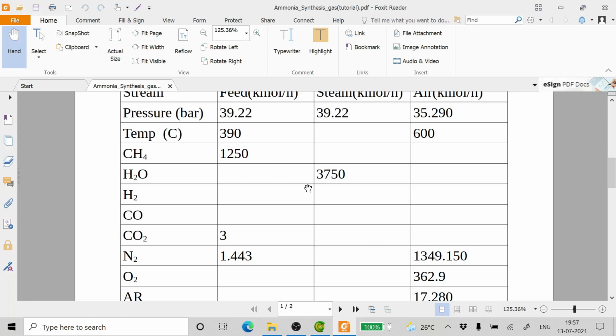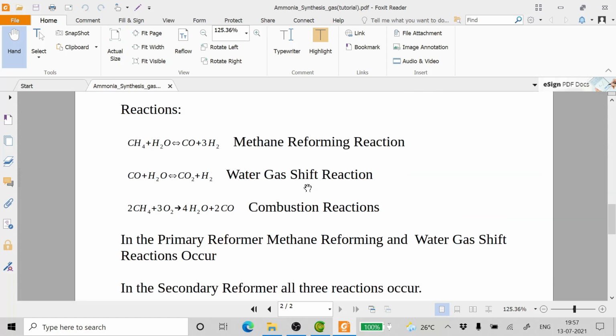Now, how do we simulate this process in COFE? In Cape Open Flowsheet Environment, or COFE Simulator as it is known, you have to configure the thermodynamic package and the reaction package to start the simulation. That's the first requirement.